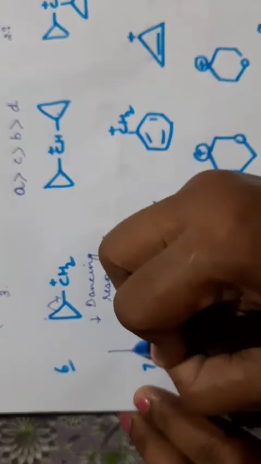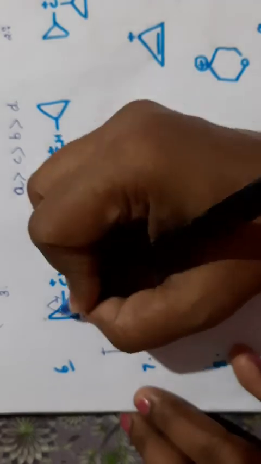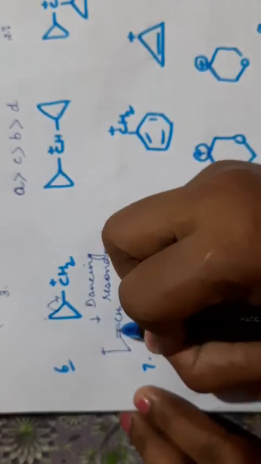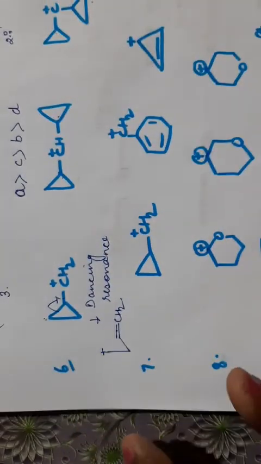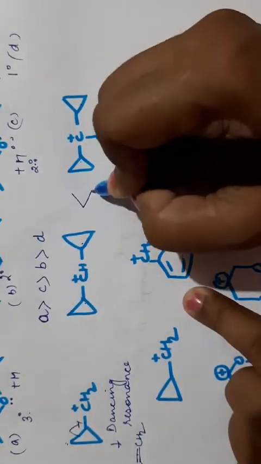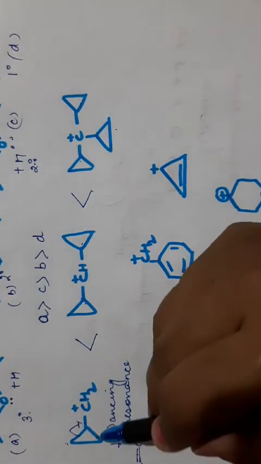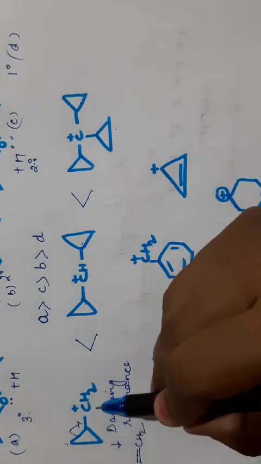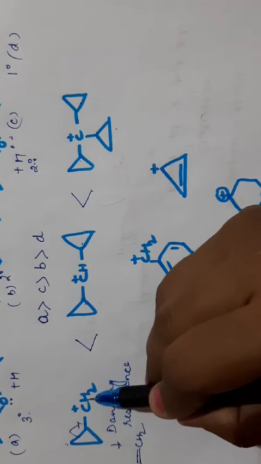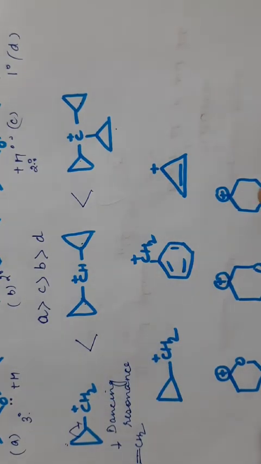If you draw its resonating structures, it will be like this. The positive charge has shifted here, these sigma electrons will shift here. So you will get a number of resonating structures. Now since there are three such structures here, it will be more stable than this one. So it is the cyclopropyl methyl cation and it is more stable as compared to the benzyl cation.